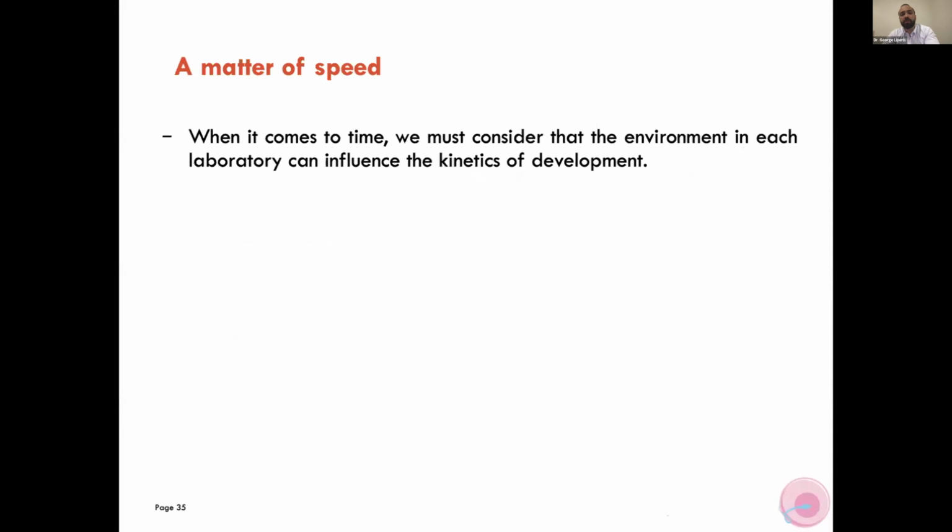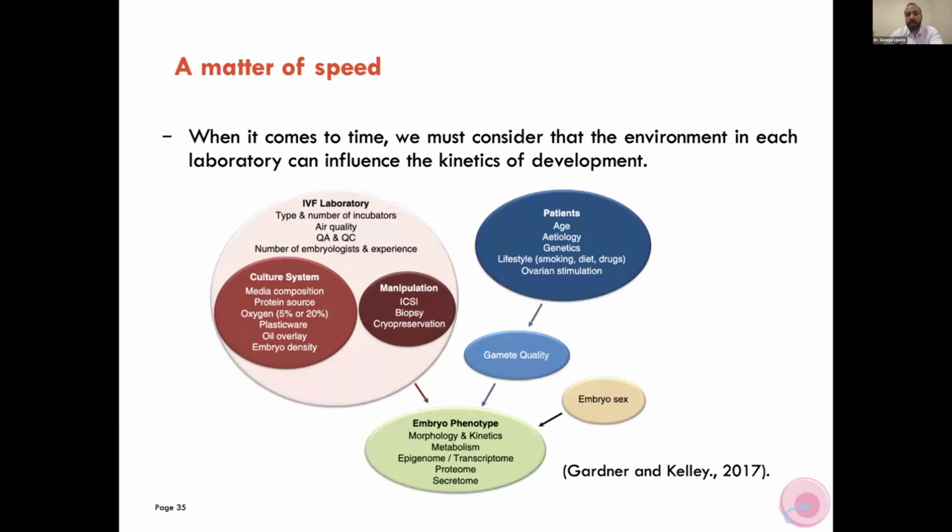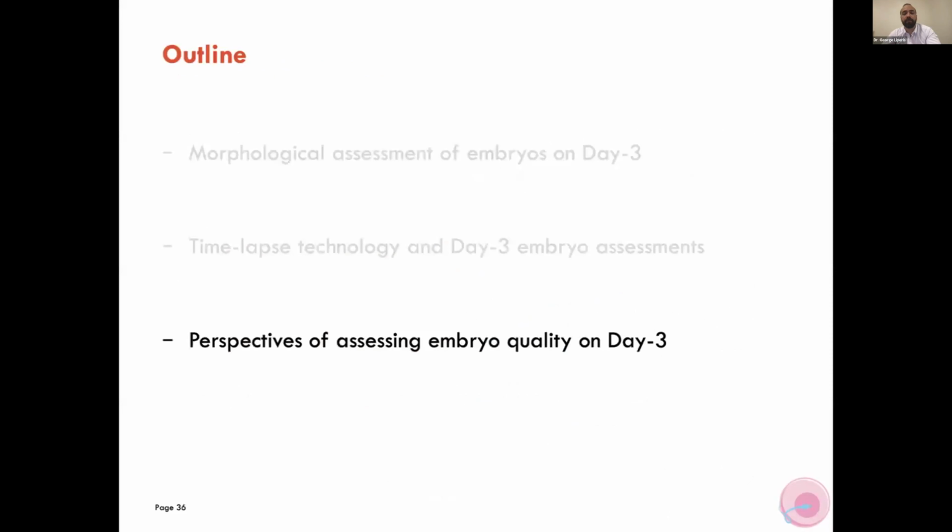So when it comes to time, we have to take into consideration that the environment in the laboratory itself can influence the kinetics of development. There are a number of different parameters within the IVF laboratory, within our culture systems, the patients themselves, the gamete quality, and the embryo sex, that can all affect kinetics. So we have to have this in mind in our own setting.